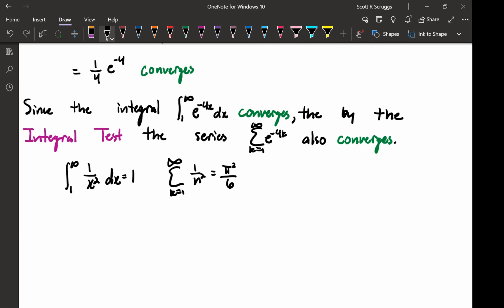So, like you said, Matthew, it's true that if the improper integral converges, so does the series. What is not true is that they converge to the same number. That's definitely not a true statement overall. So you're correct with that.